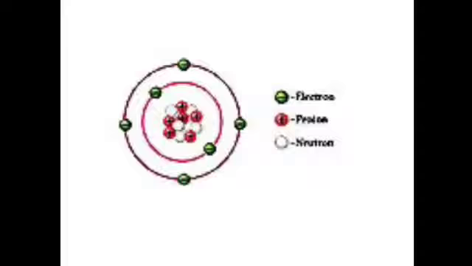So this is the structure of an atom, and this is the carbon atom, with the number of electrons and protons both being shown, the electrons being represented by the green circles that you can see, and the protons being represented by the red circles, and of course neutron we have not discussed as yet, is represented by the white circles.